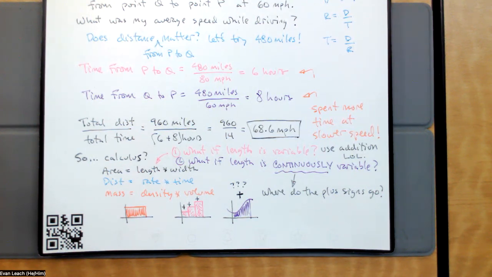But now we're adults and we're in calculus and things aren't just going to change nice and blocky like this. Things are smoothly flowing from one value to the next, and there's nowhere to put the plus signs. How are we going to make a sum when our terms are continuously filled? That's the weird stuff that we have to deal with now.